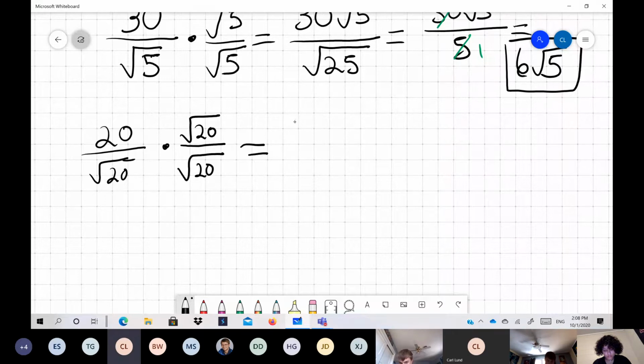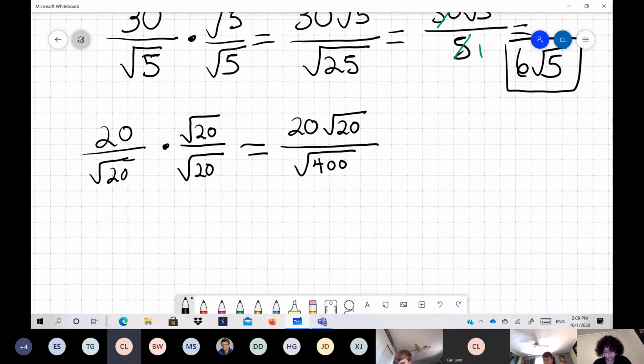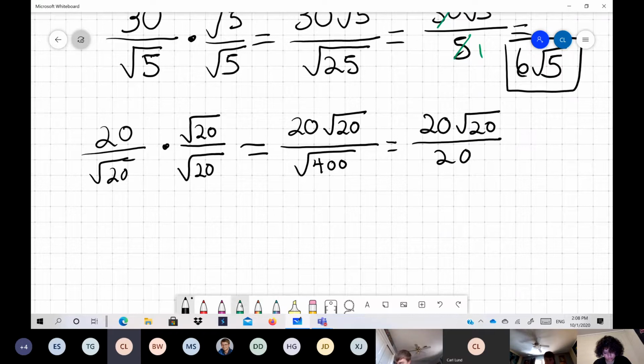And so my numerator becomes 20 times the square root of 20, and my denominator becomes the square root of 400, because 20 times 20 is 400. So I get 20 times the square root of 20 over 20, because the square root of 400 is 20, of course.